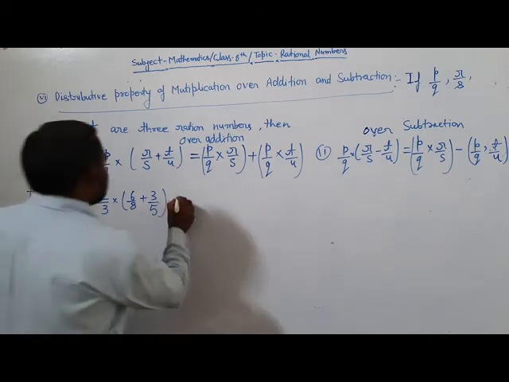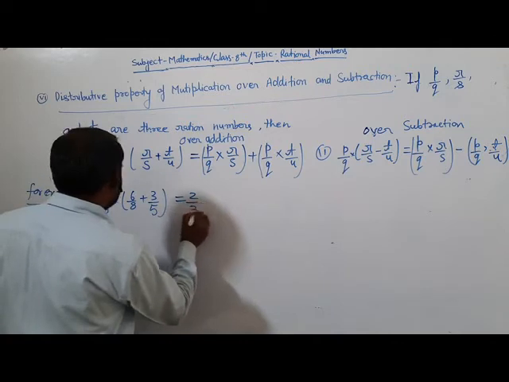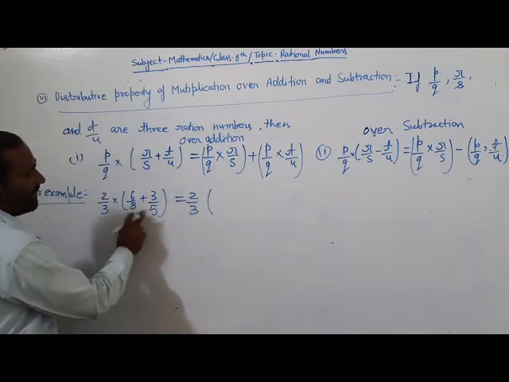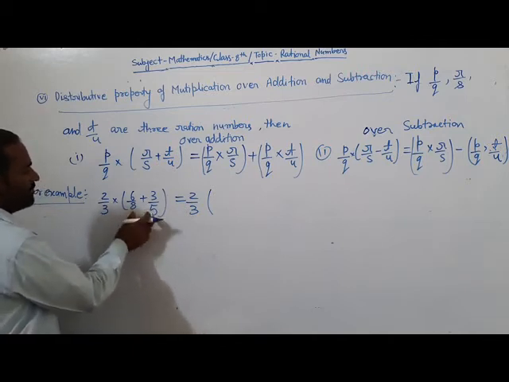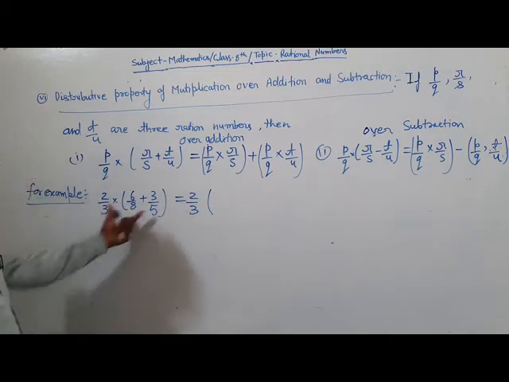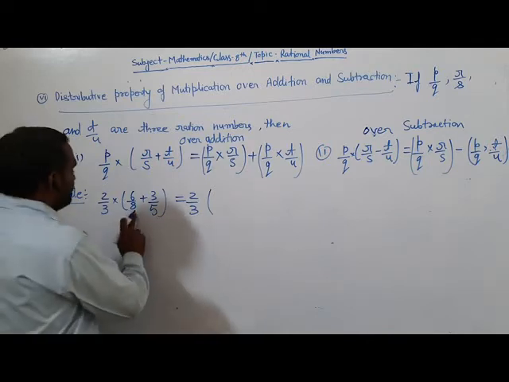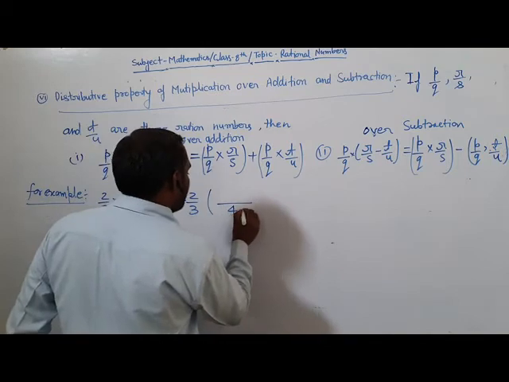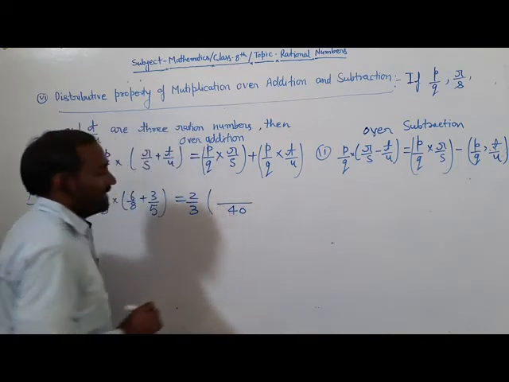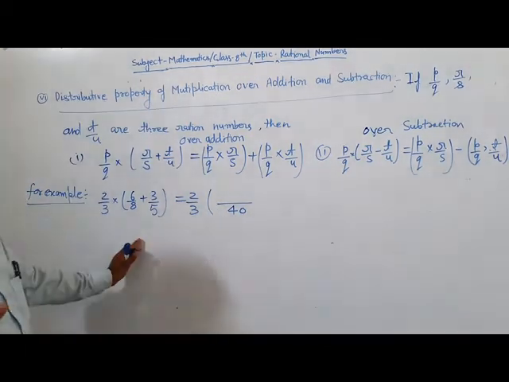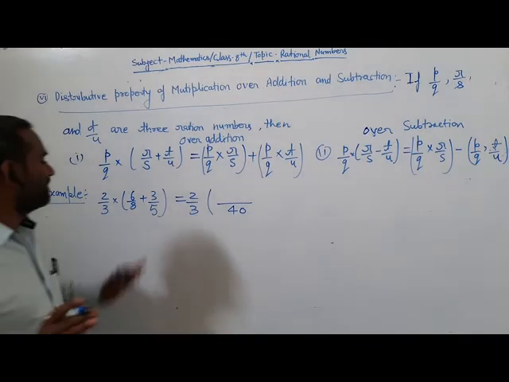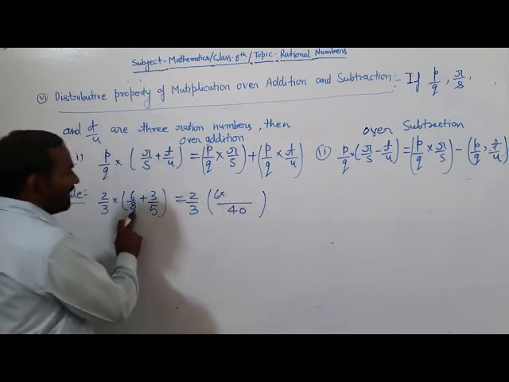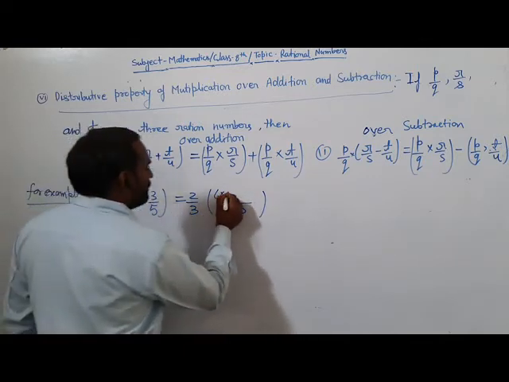So we solve it. 2 by 3 into the LCM of 8 and 5. Both are co-prime numbers, so 8 times 5 is 40. LCM will be 40, because all of you know how to find the LCM. Divide 40 by 8, we get 5, 5 times 6 is 30.